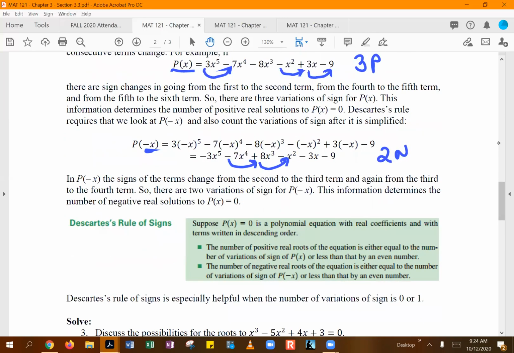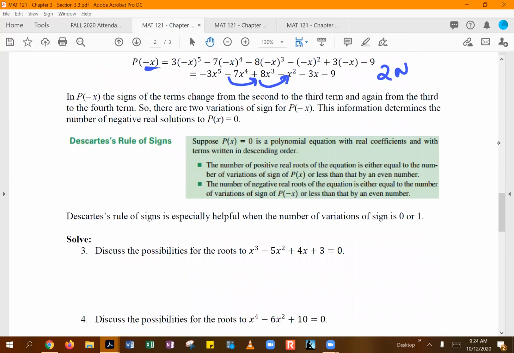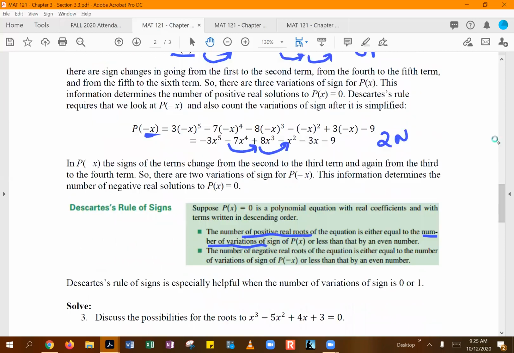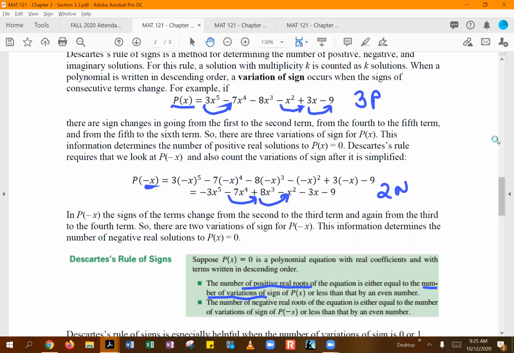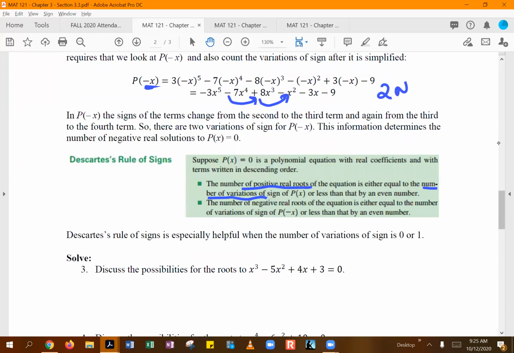But here's also something else we have to keep in mind. They're talking about here in Descartes' rule, the number of positive real roots is either equal to the number of variations of signs. We know we got 3 variations, so that's equal to 3 positive answers, or less than by an even number.